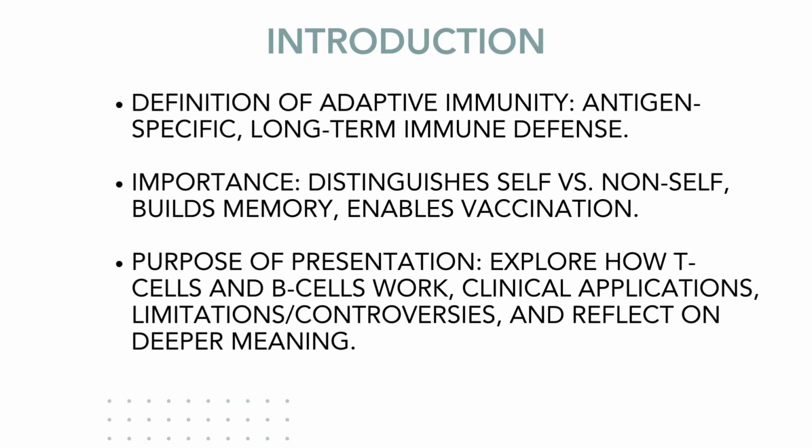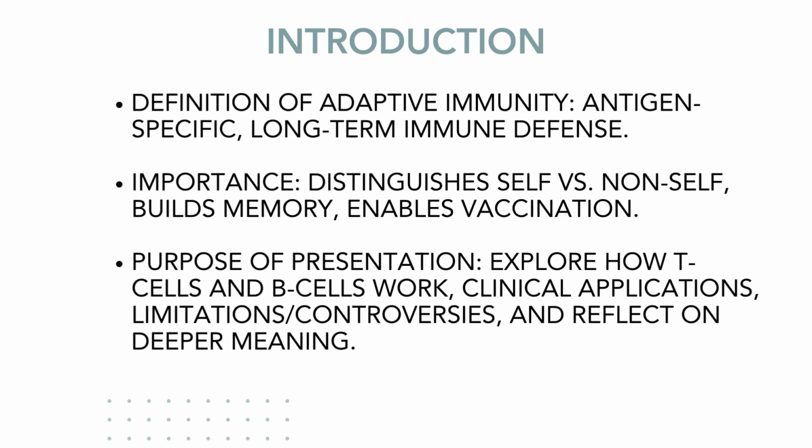Introduction. Adaptive immunity is one of the most remarkable systems in the human body. Unlike innate immunity, which responds quickly but non-specifically, adaptive immunity provides highly targeted responses to specific pathogens. It recognizes foreign antigens, generates specialized cells and antibodies, and also creates long lasting memory.